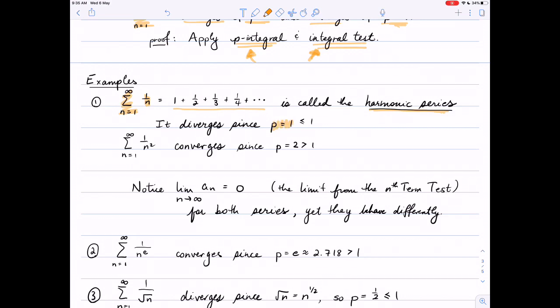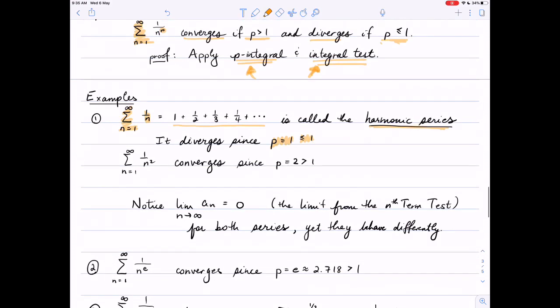And since p equal to 1 is less than or equal to 1, that is the test for divergence, so it diverges. However, the sum from n equals 1 to infinity of 1 over n squared converges. It's also a P series, since p is equal to 2, which is greater than 1.